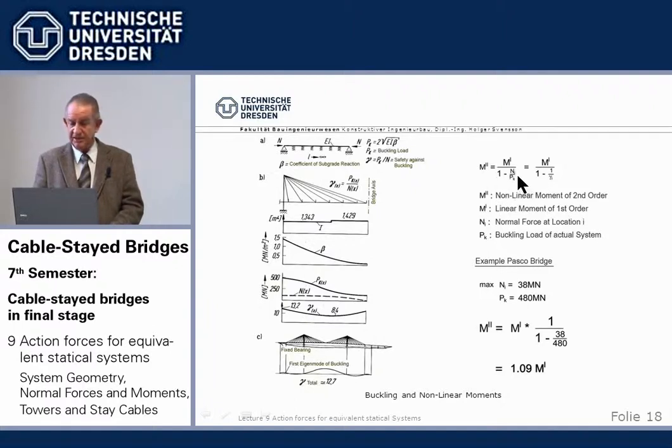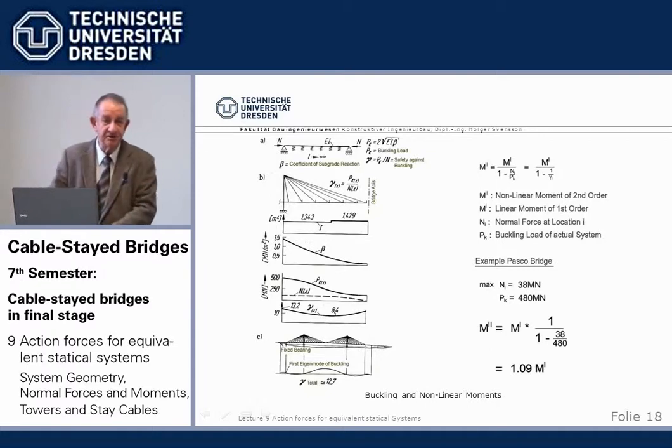It's clear if the normal force is 0, then this is 1, M2 is M1, good enough. If the normal force is the buckling force, then this becomes 0, and M2 goes to infinity. So the border conditions are okay. In between, well, roughly. But it's an approximation.